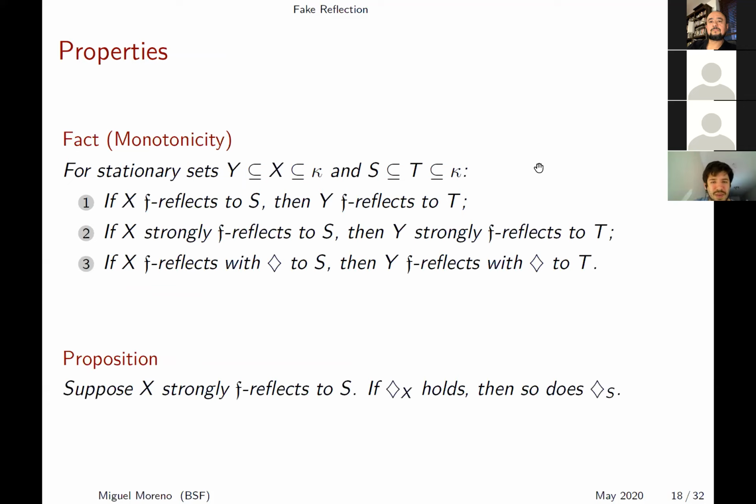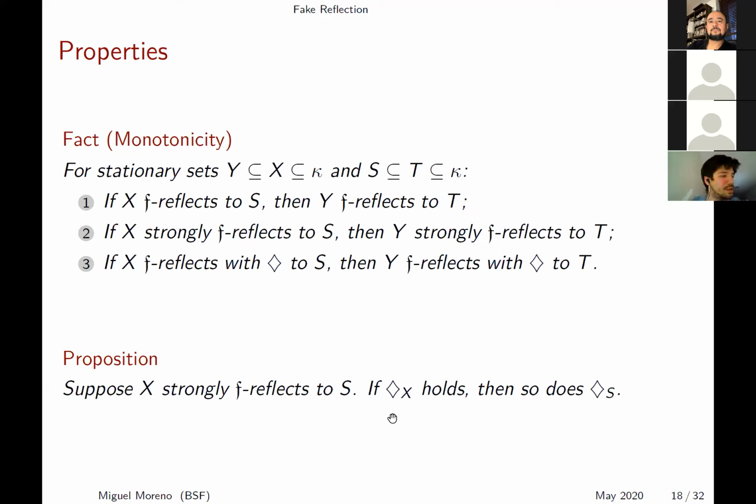Now, the first thing that you can find is that suppose X strongly filter reflects to S. If diamond X holds, then so does diamond S. So you can obtain diamond S just by strong filter reflection and diamond X. So this is something that you can get from filter reflection.